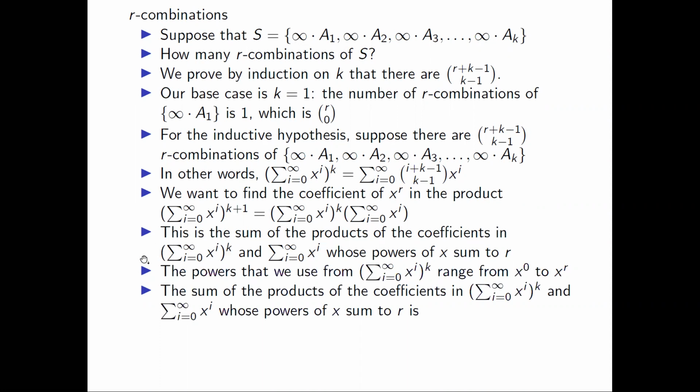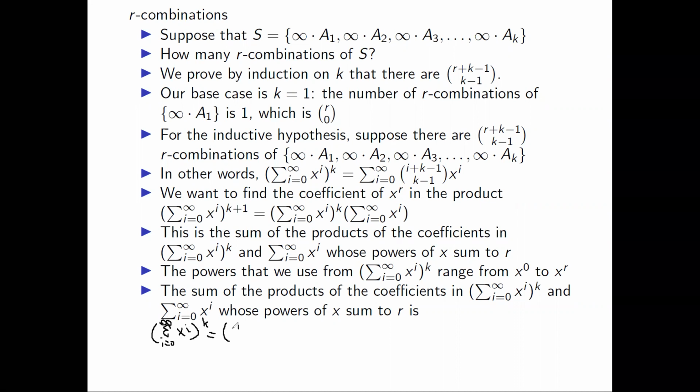So if we want to find the sum of the products of the coefficients in these two polynomials whose powers of x sum to r, we can do this similar to what we did in the previous slides. So let me write a little bit. Our first polynomial is the sum i equals 0 to infinity of x to the i, raised to the k power. And we'll use what we proved previously as our inductive hypothesis. So this is our inductive hypothesis.